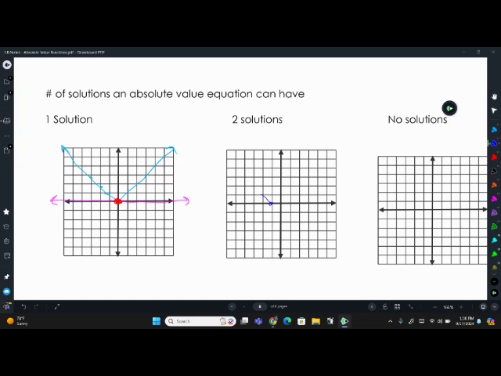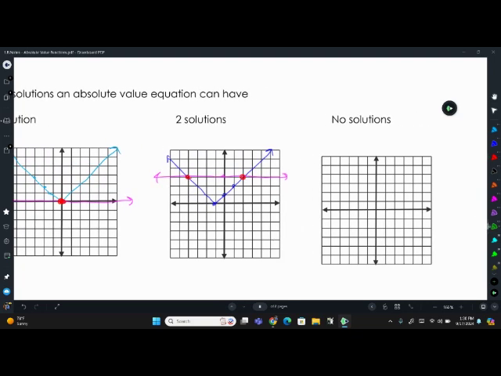Two solutions would look like a lot of the other ones that we did, where we'd have our line touching in two spots. And we did the one that had no solutions.